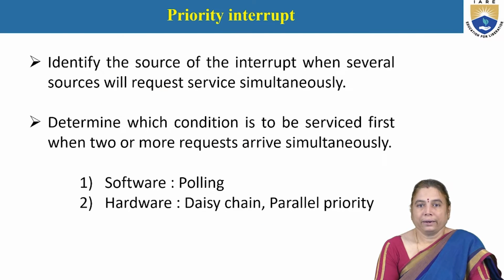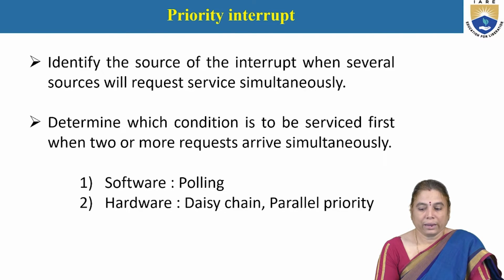What is priority interrupt? In interrupt initiated I/O, the device which requires the input-output operation raises the interrupt signal to gain the attention of the CPU for service. When two devices raise an interrupt at the same time, which interrupt should be considered? That is called priority interrupt.